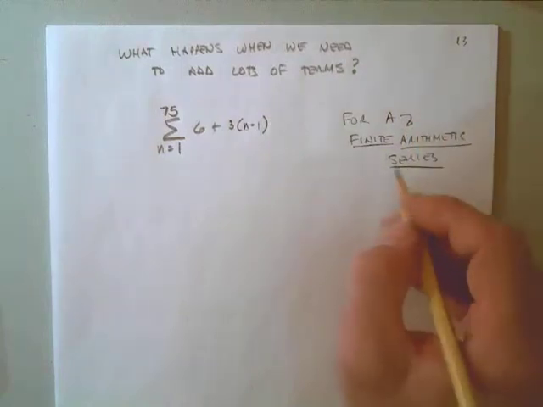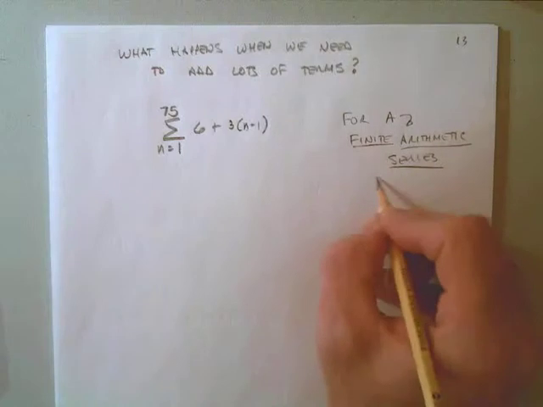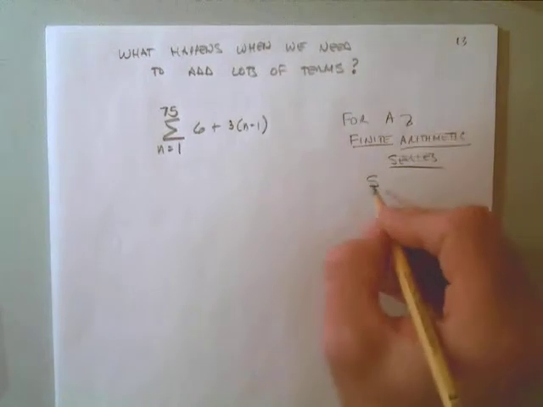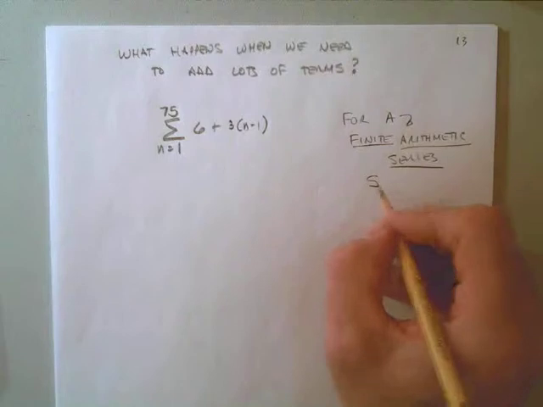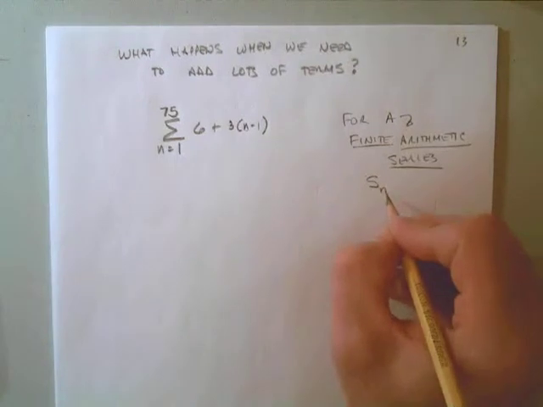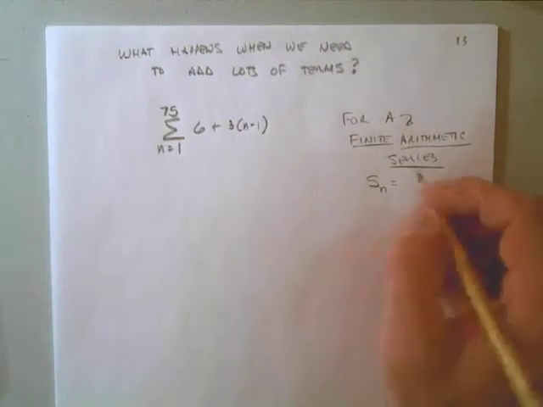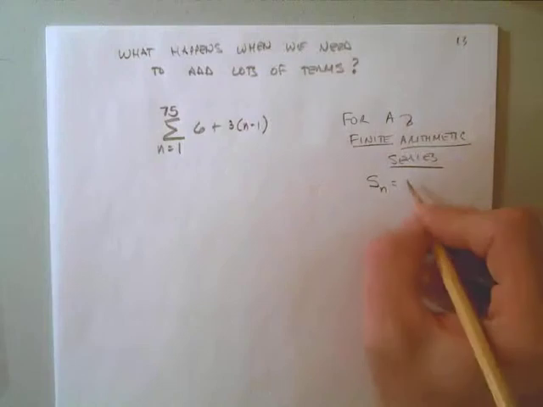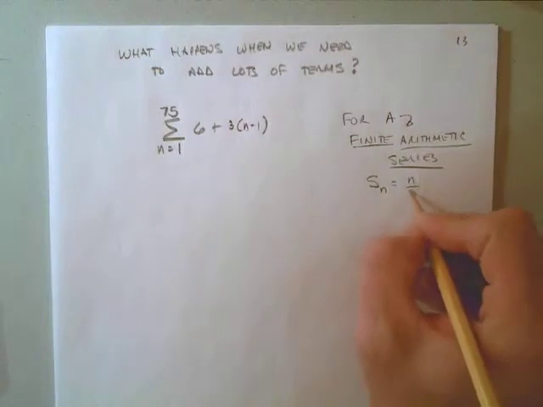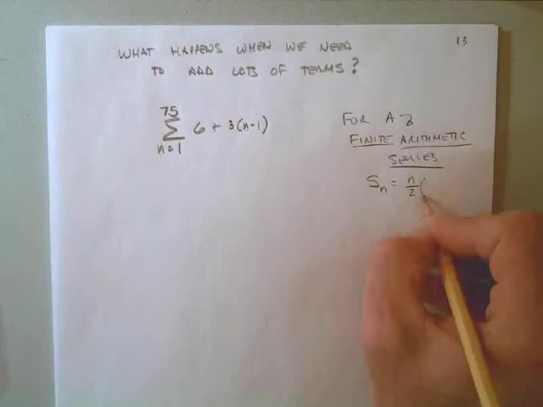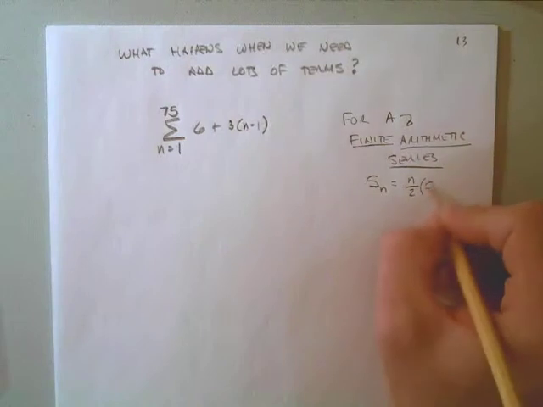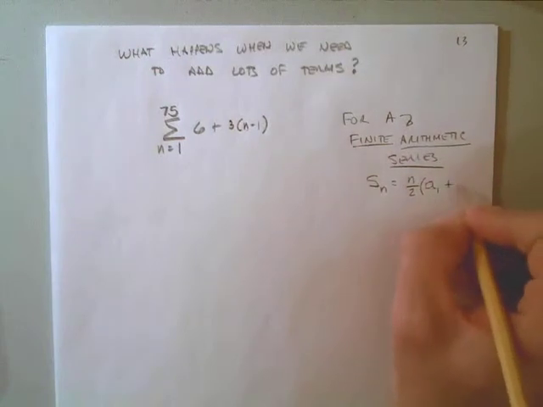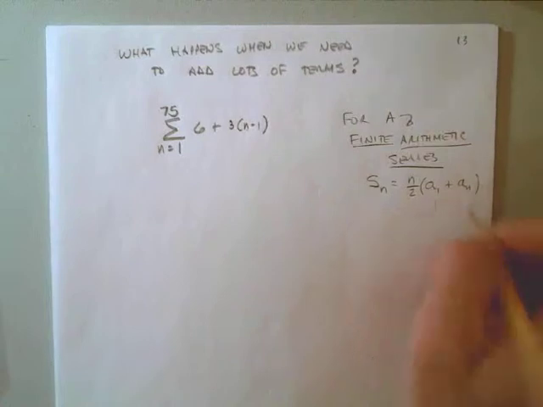If this is what we have, then the sum, now this is a regular S, the sum of n terms is n divided by 2 times a sub 1 plus a sub n.